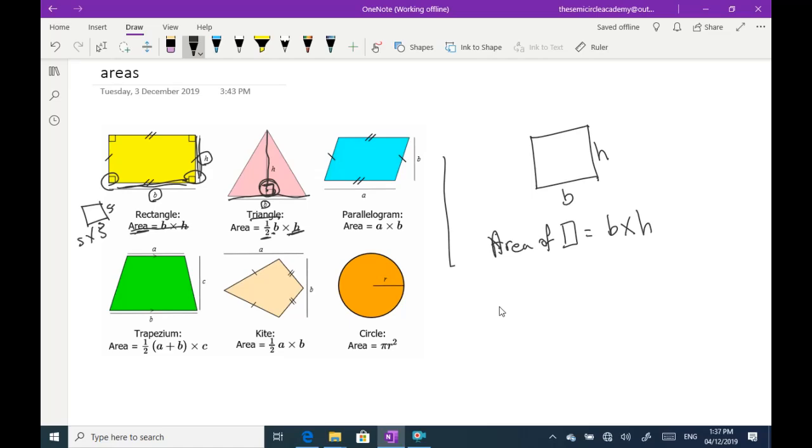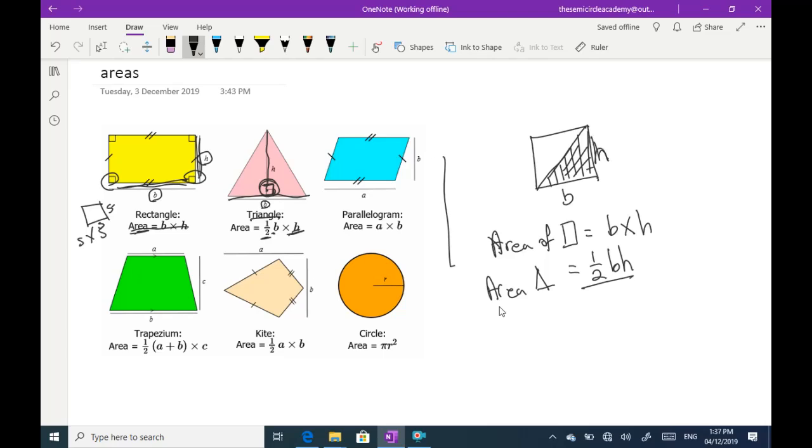Now remember, a triangle is if I take this and I cut it in half, and now I'm only dealing with this area over here. So that's half of the square. So that means that it'll be a half B times H. So the area of a triangle is equal to a half B times H, or a half of one side times the height.